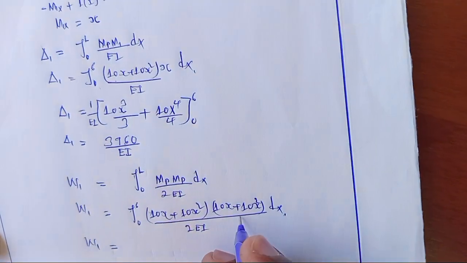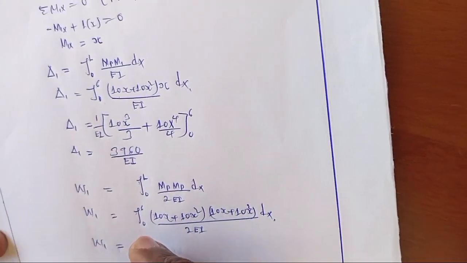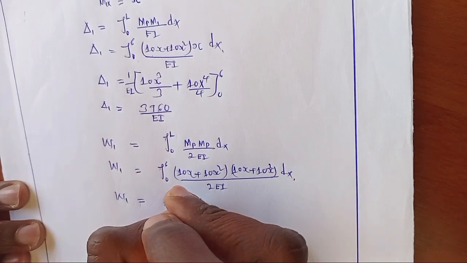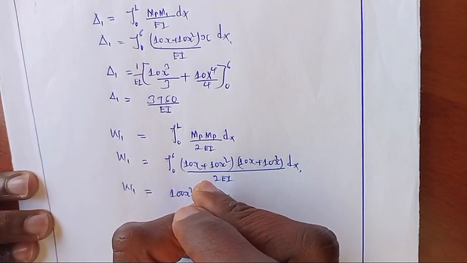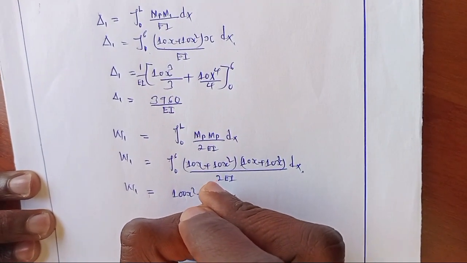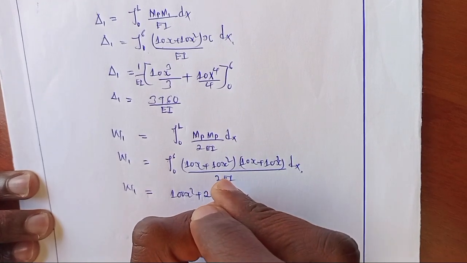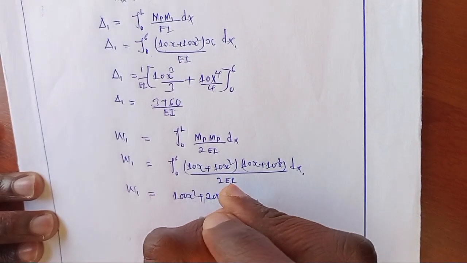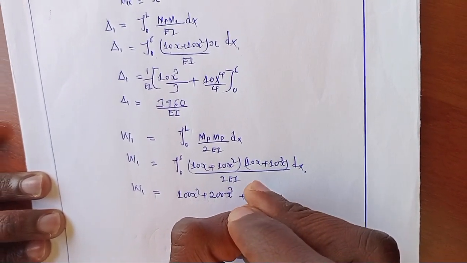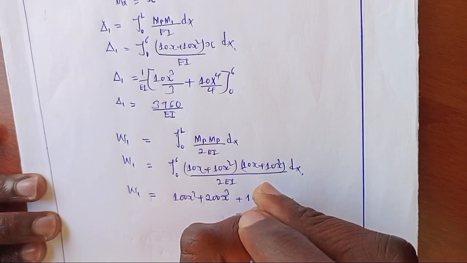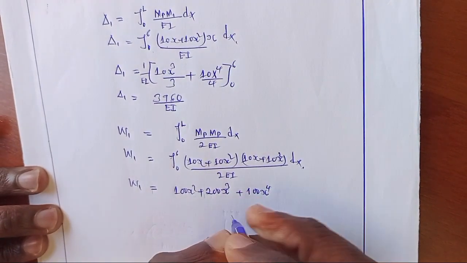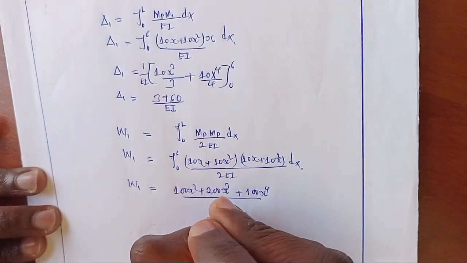When we multiply this out, it will be 100x square plus 200x cube plus 100x power 4 over 2EI.